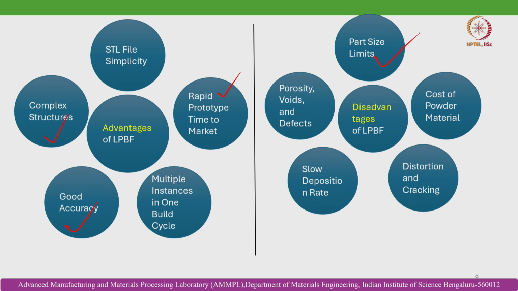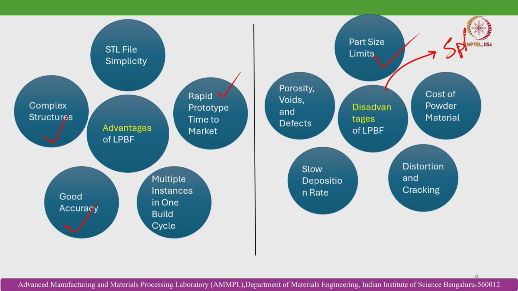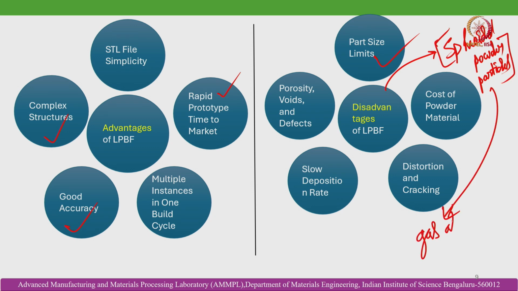Disadvantages are particle size limits. LPBF demands fine powder particles, and also spheroidal powder particles. That also increases the cost of the powder particles, because it can only take powder particles which are manufactured by either gas atomization, centrifugal atomization, or even plasma atomization.